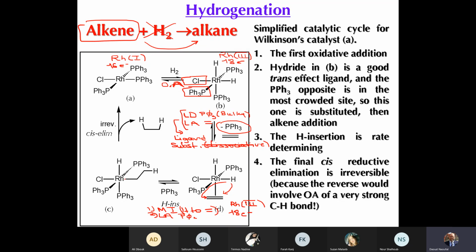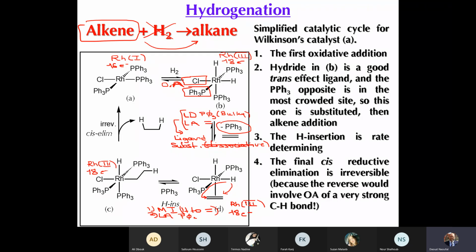So we obtain an alkyl chain. This is migratory insertion, ligand addition, and the complex is rhodium 3. That means 6, 2, 4, 6, 8, 10, 12. This is 18 electrons.